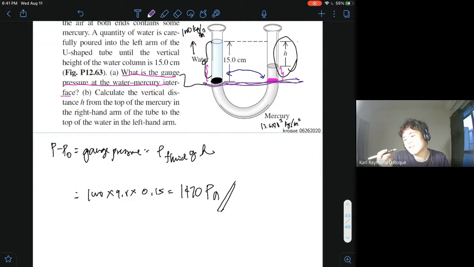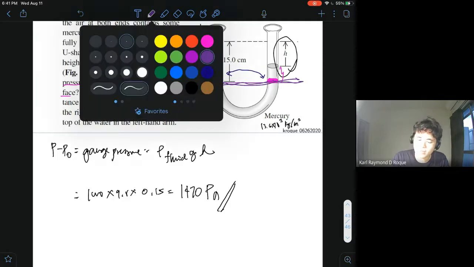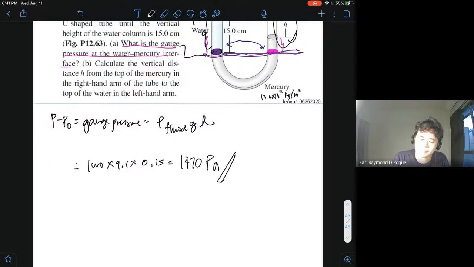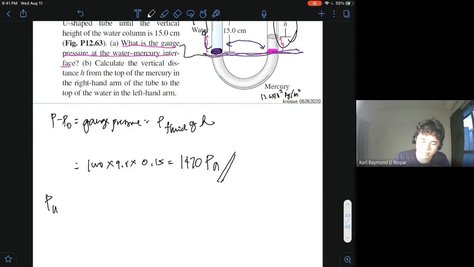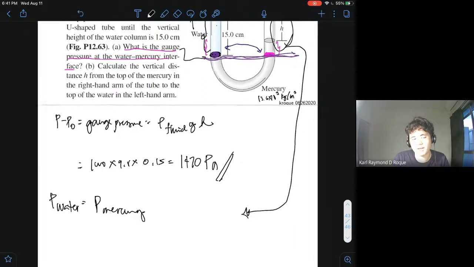The pressure exerted at around the fluid is the same. Kung saan nag-i-intersect yung tubig tsaka yung mercury, kunin mo rin yung kapantay niya. So, pressure water equals P mercury dito. Gauge pressure. Or kahit yung absolute pressure. Pero wala tayong mapakin doon.